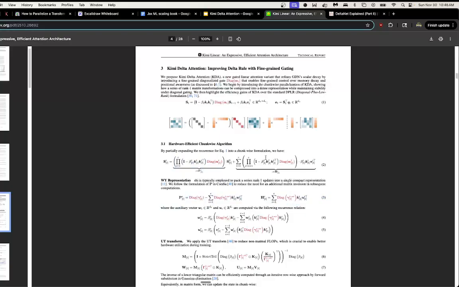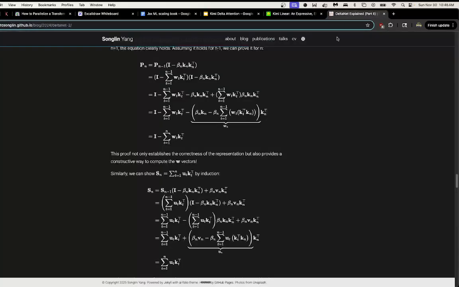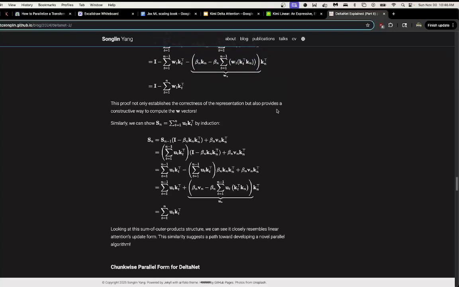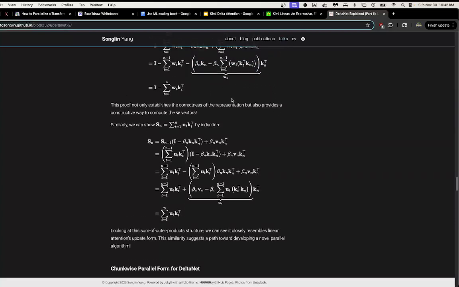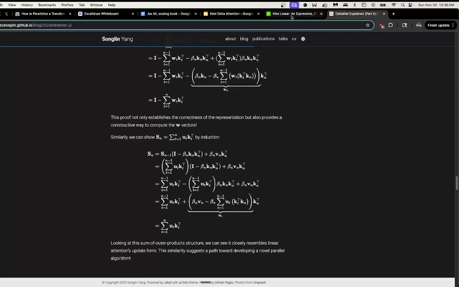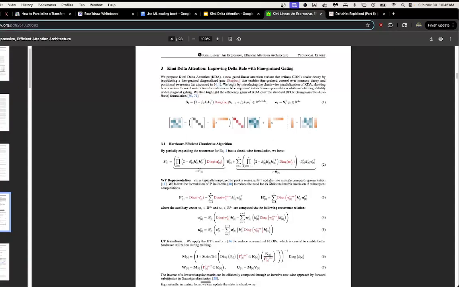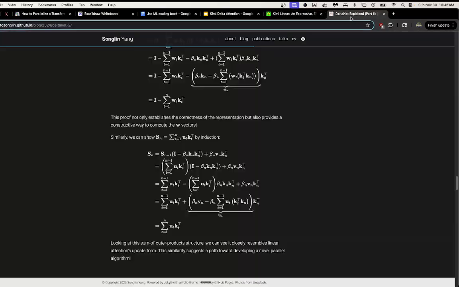Okay, now we have this other one, and don't worry, it's basically very similar. We want to show for S, our state, that it can be shown to be representable in this summation form. Basically, again, does it hold for n? Does it hold for 1? Yes, obviously. And then n minus 1, we prove with these few short steps.